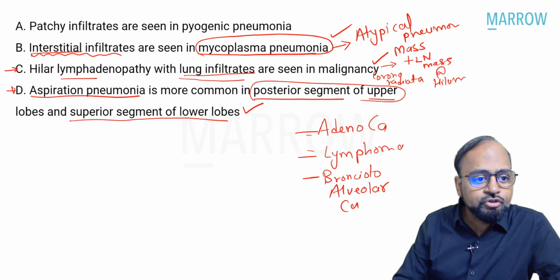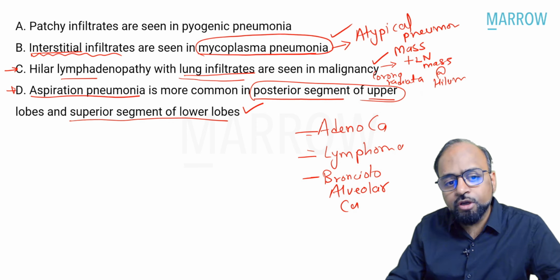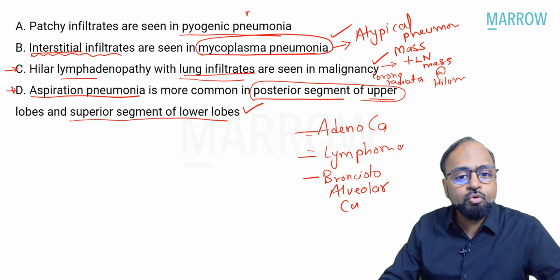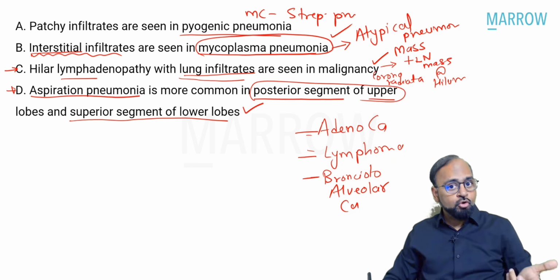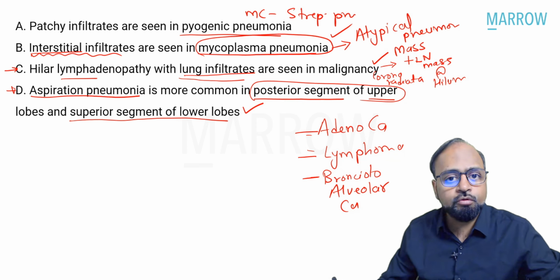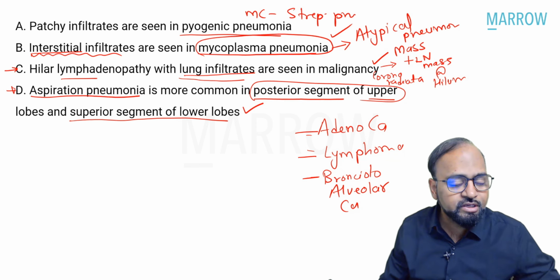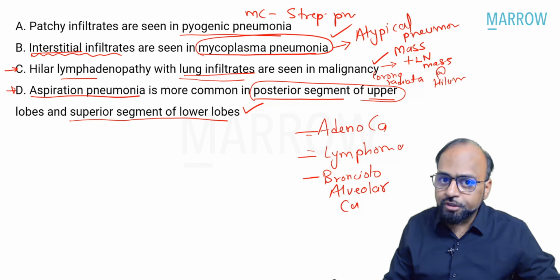Let us look at the first option now. Patchy infiltrates are seen in pyogenic pneumonia. Now, see, pyogenic pneumonia, usually community acquired pneumonia, the most common agent is Streptococcus pneumoniae, right? So that is pneumococcus. It usually presents with what? What is the most common imaging finding as we saw in the X-ray? It is lobar consolidation.